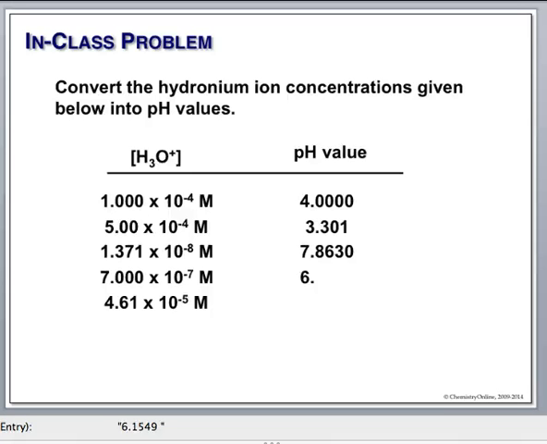Therefore, simply type in this number, hit the log button, change the sign, 6.15. And our last one, 4.61 times 10 to the minus 5. Type that in, hit your log button, change the sign, 4.336.